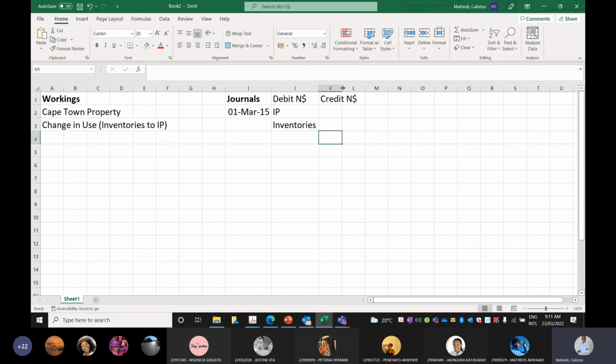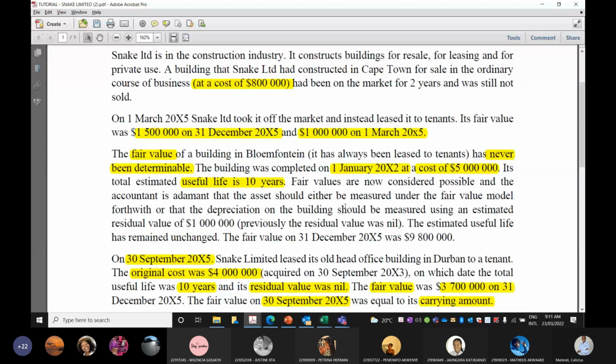And how much is the amount? 1 million. All right. Remember, inventories are carried at the lower of cost or net realizable value.